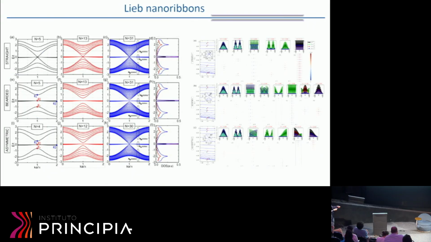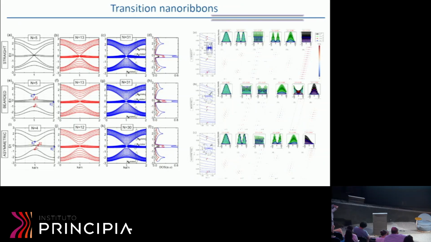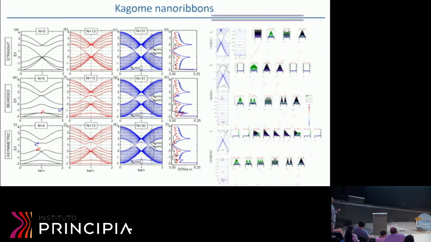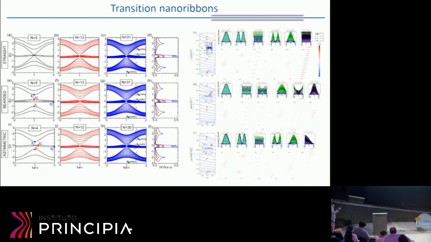And in this paper that's already published, we discuss the degeneracy of the quasi-flat bands when edge states emerge. And at the end of the day, we did it for Lieb, Kagome, and the transition.